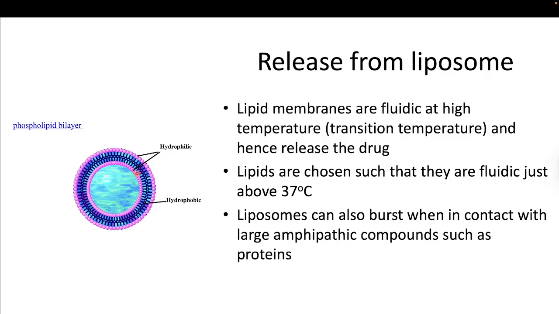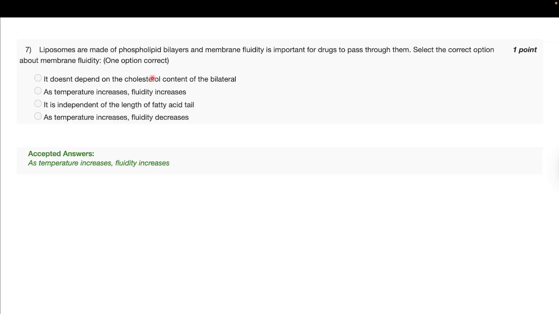So fluidity means these bilipids are not very strong and tight in their formation, so there is some amount of fluidity here, and that's how the drug will get released. So if you look at the options, the fluidity definitely depends upon the cholesterol content. That is what also happens in the bilayer membrane that our cells have.